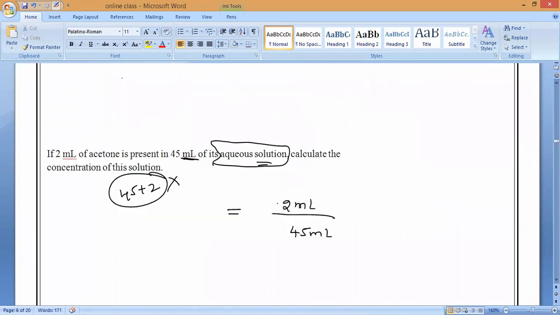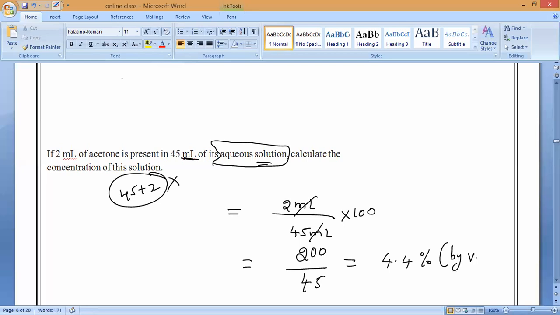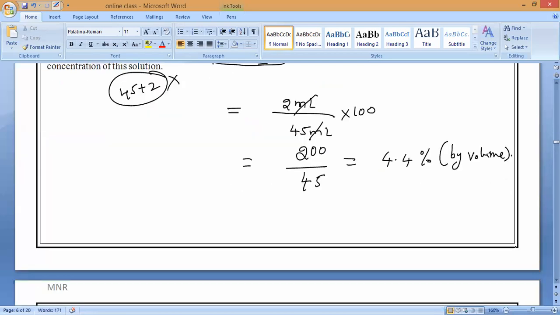But here, the volume of solution is already given: 2 ml divided by 45 ml into 100. The ml will get cancelled. 200 divided by 45 equals 4.4, percent by volume. Remember, 90% of children will stop here, but you people should never stop the answer like that.